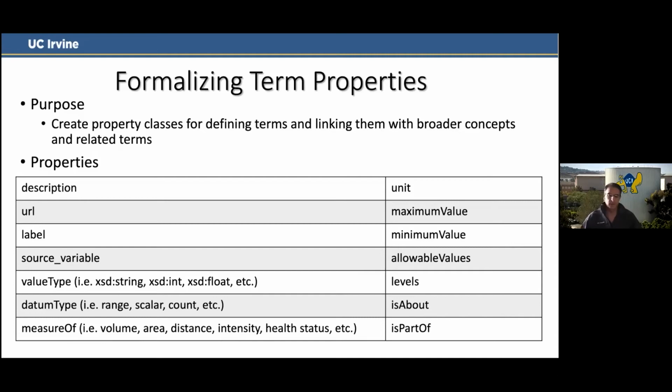So for example, if you were to collect a variable about age in your study, you may collect it as years after birth, or you may store it as days after birth if you're talking about a rodent, or you may be talking about age at the time of a scan or some acquisition.